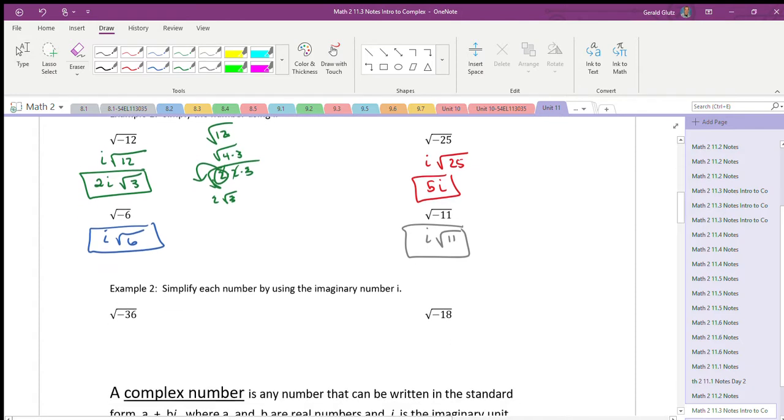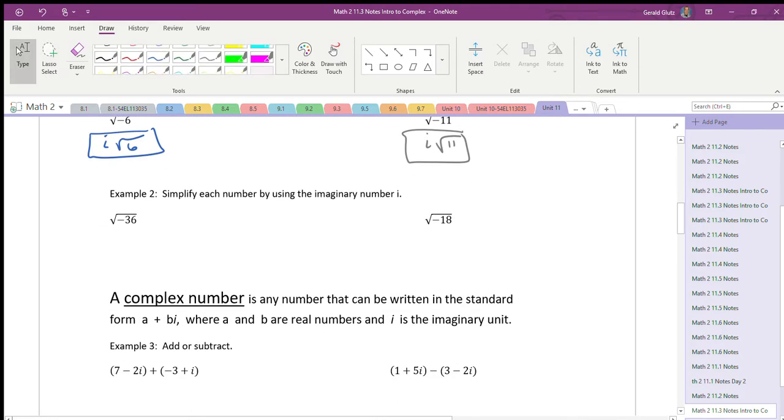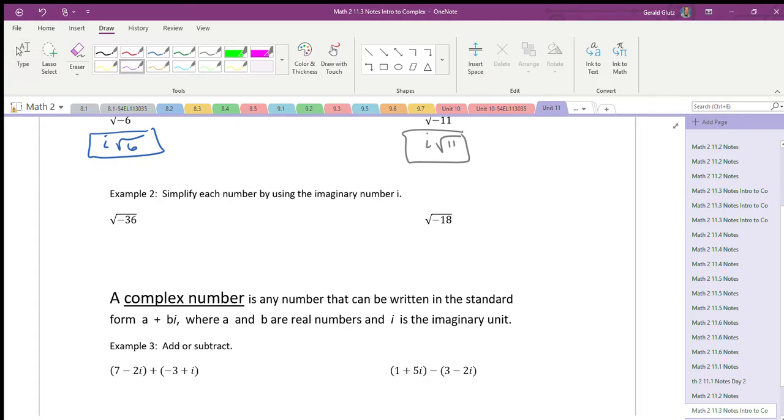Moving on to example 2. We're pretty much doing the same thing here. I want to get rid of the negative, so I multiply it times i. The square root of 36 is 6, so my answer is 6i. For the next one, I want to get rid of this negative, so I'll multiply it times i. So I have i times the square root of 18.